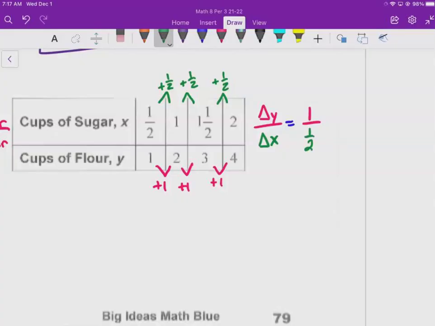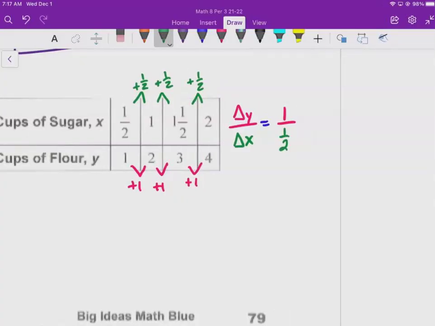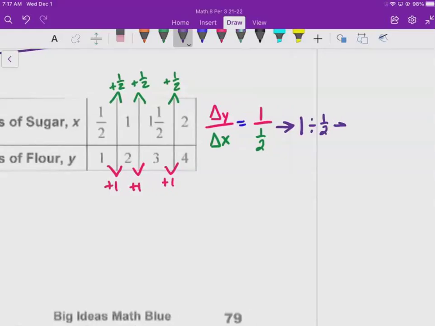Now, fraction within a fraction is a super bad thing. But we know our rules about fractions: when we say 1 divided by 1/2, when you're dividing fractions, you can also say copy dot flip. So 1 times 2 is 2. So our slope is m equals 2.